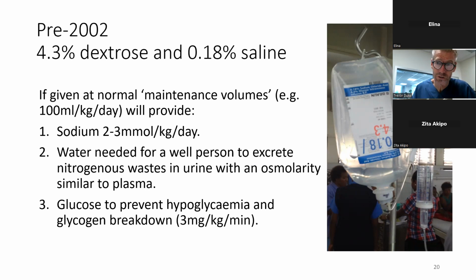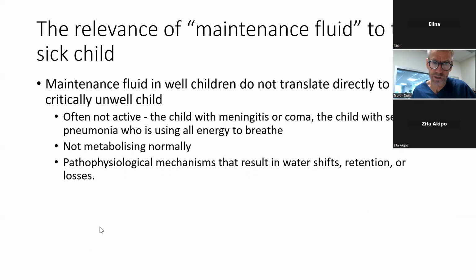And many of you might still have that in your hospitals. Theoretically, that gives you the right amount of water and salt and glucose. But the problem is it's not appropriate for children who are very sick, and a lot of complications have occurred because of that fluid.